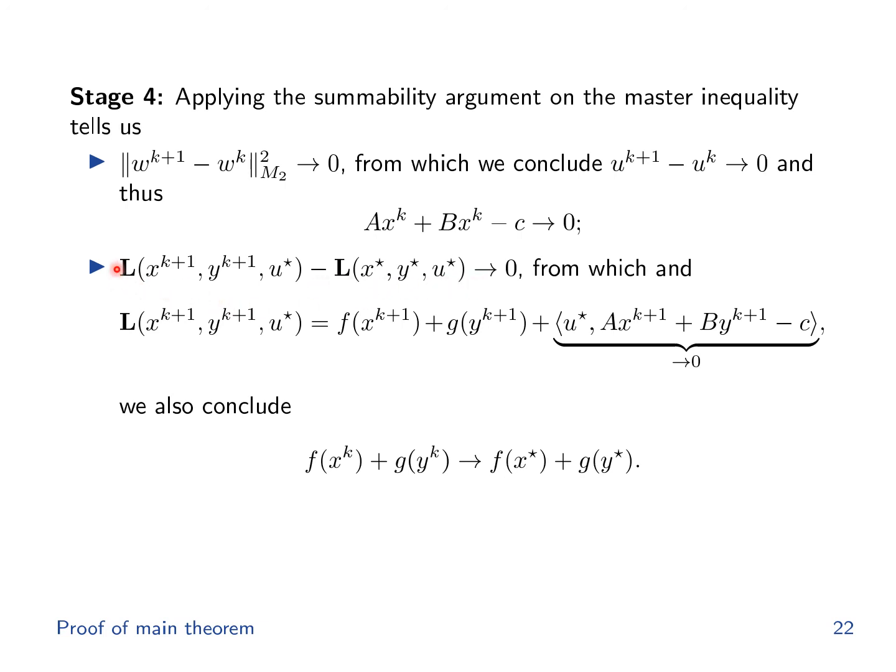So this difference converging to 0 really means f of xk plus g of yk converges to the optimal objective. So these are the two conclusions we have in the theorem.